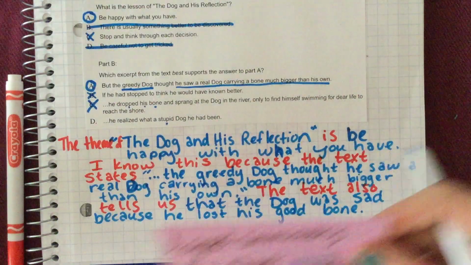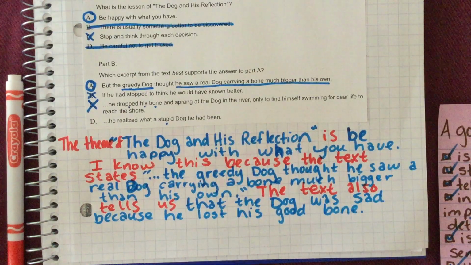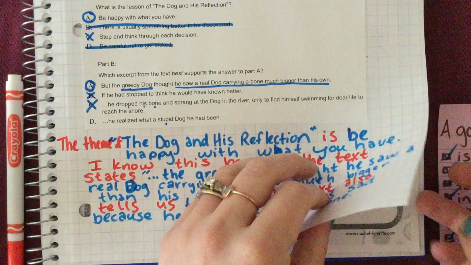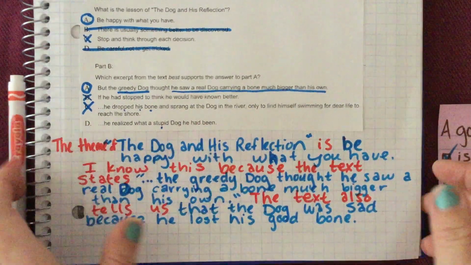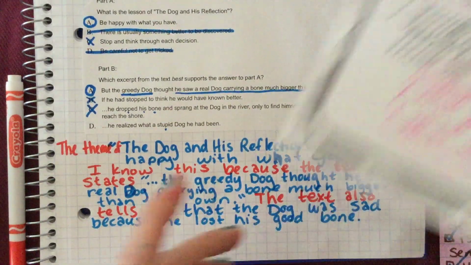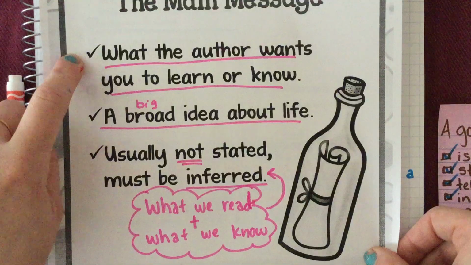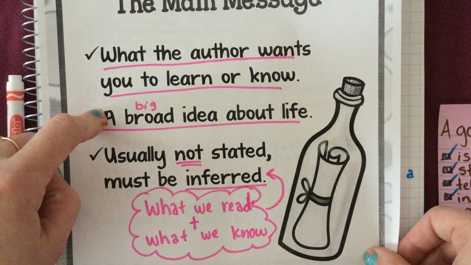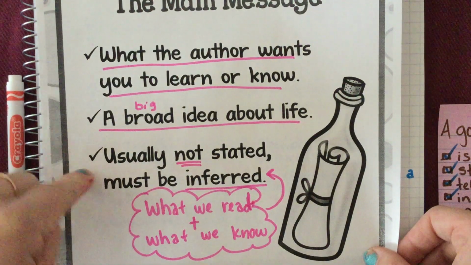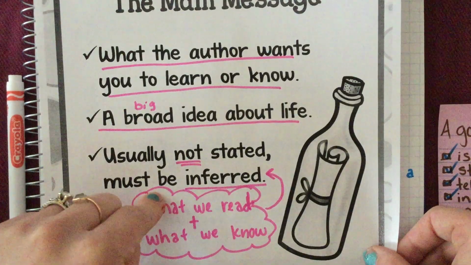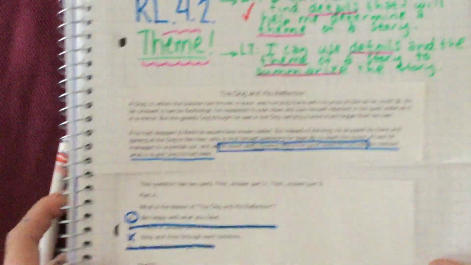So, when you are determining the theme of a story, you need to make sure you remember it's the lesson the author wants you to learn. It's a big idea about life, and it's usually not stated in the text. You've got to infer it. Take what you read plus what you know. So let's go back to our second target.